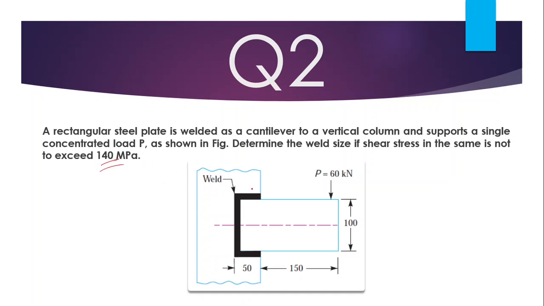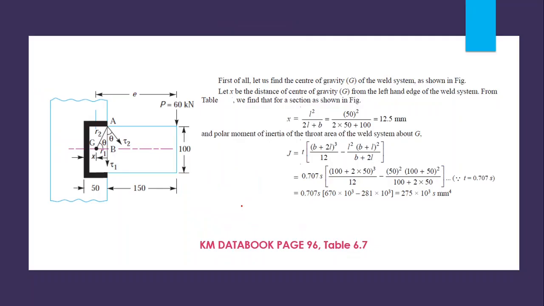Here the difference between question 1 and question 2 is that there is an additional longitudinal weld, which is parallel to the line of action of the external force. Then there is a transverse weld and also a double parallel fillet weld. That is the difference.